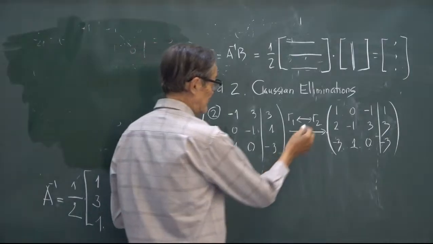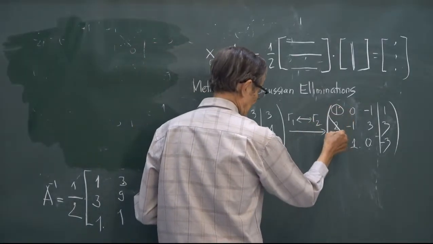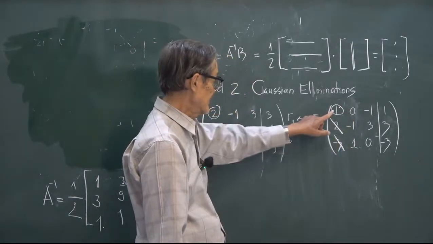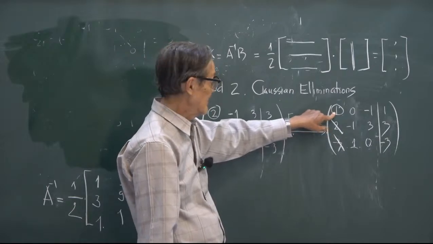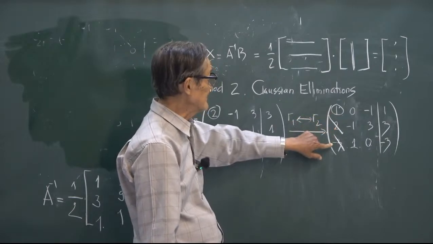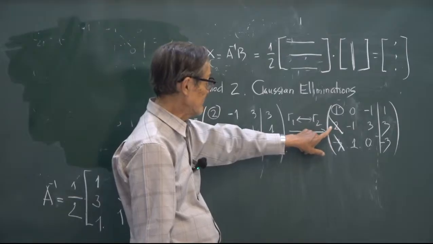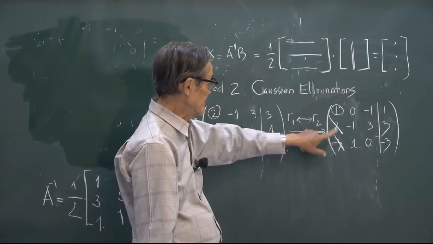And now we use this number to delete this and this, meaning 0x, 0x, 1x here.